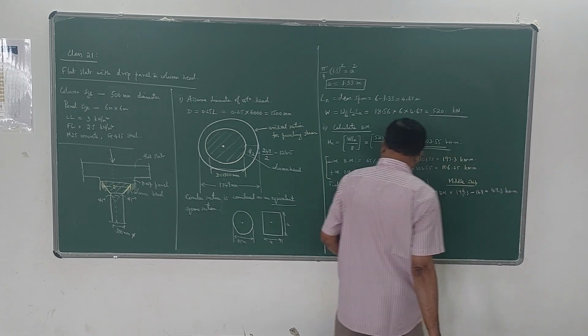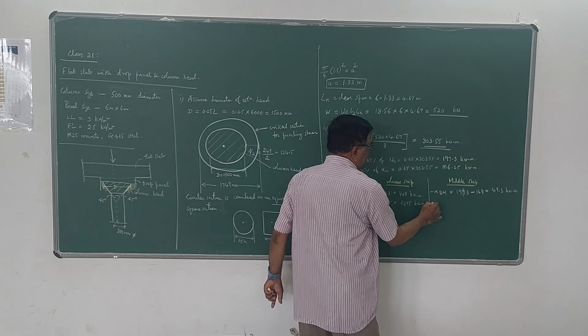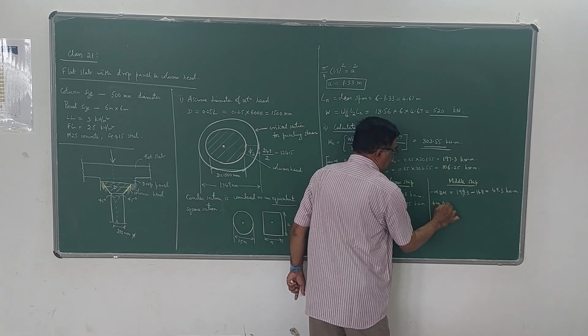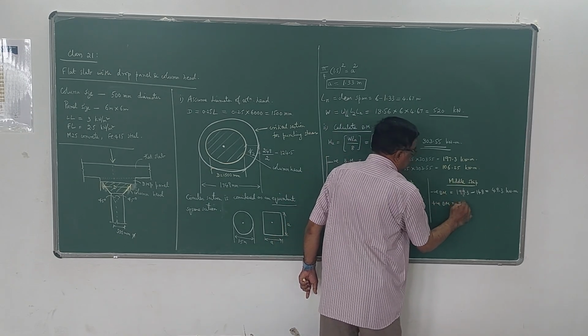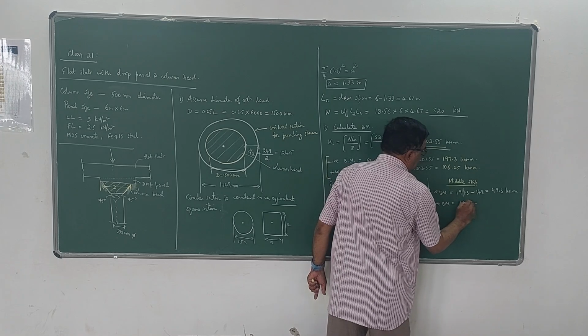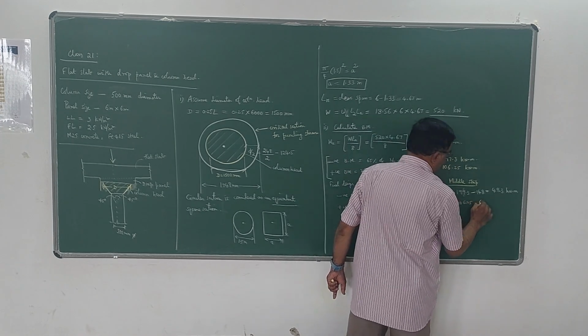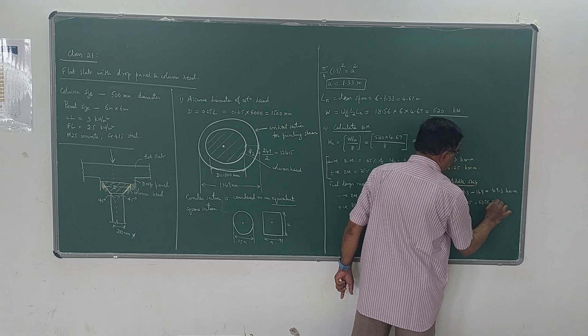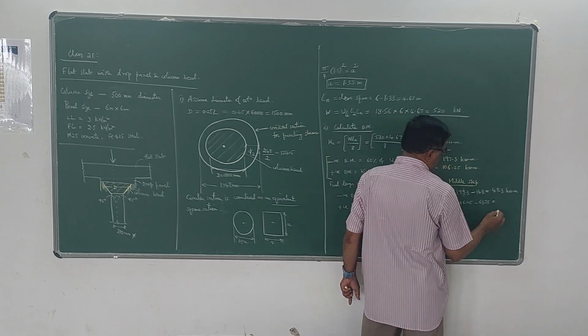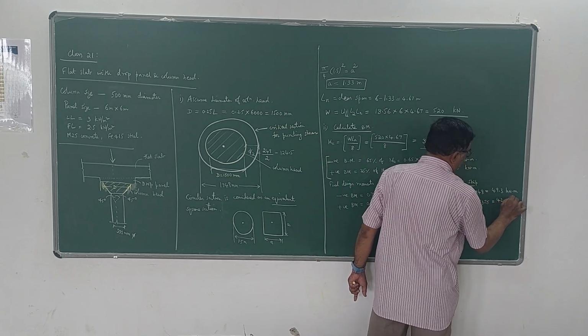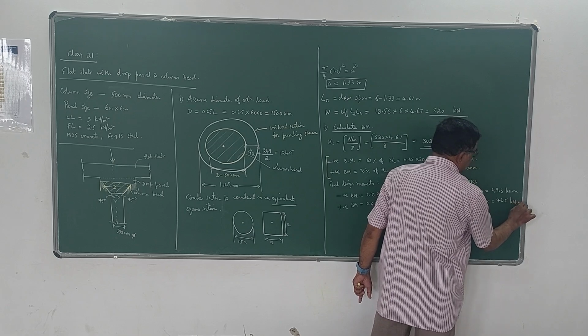Similarly, the positive bending moment is 106.25 minus 63.75, and the value is 42.5. So these are the final moments.